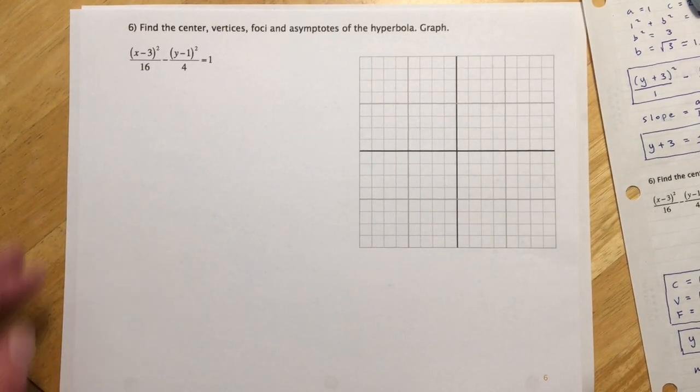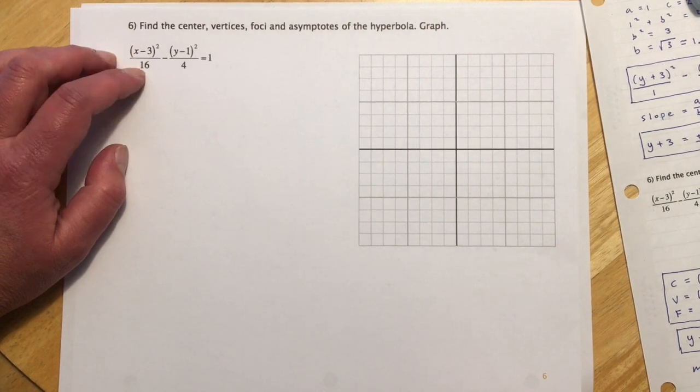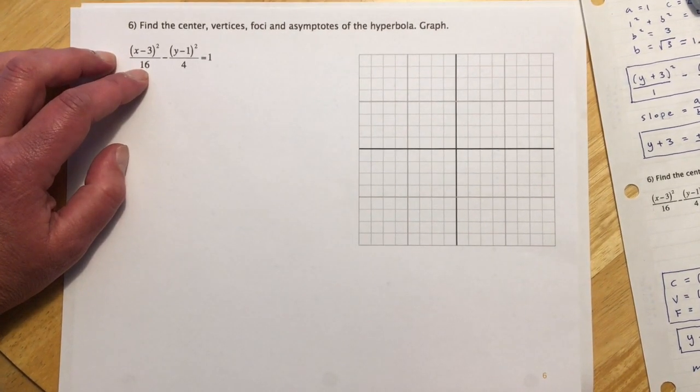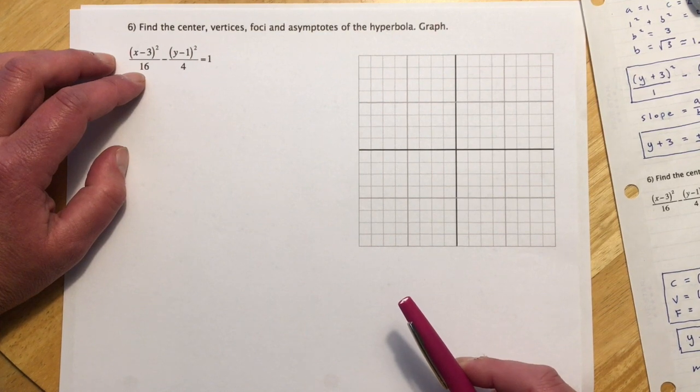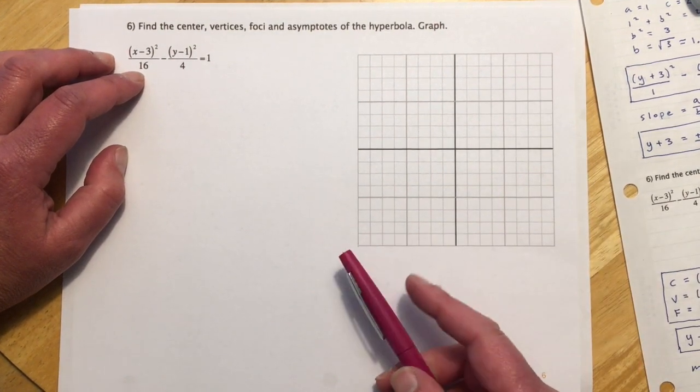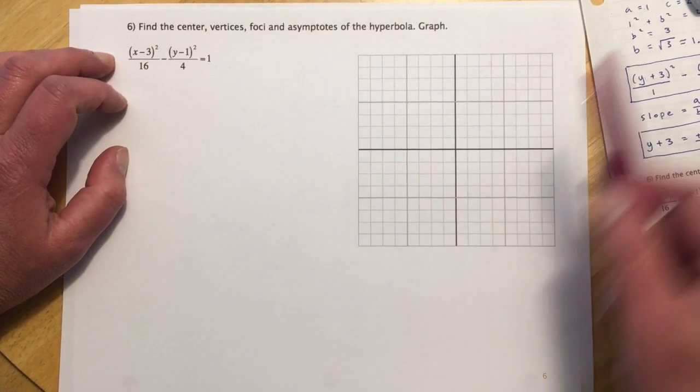Okay, and then hyperbolas seem hard enough that I usually just give it in the right form if you get the equation version. So we're supposed to find the center, vertices, foci, asymptotes of the hyperbola and graph it.